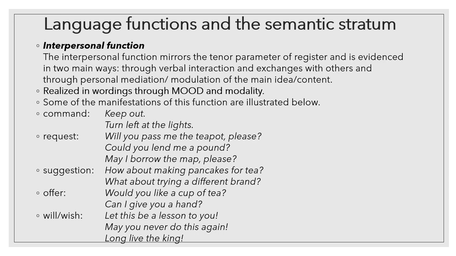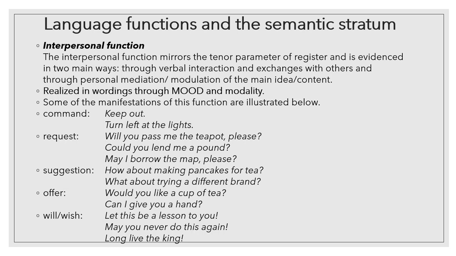And then how about interpersonal function? When we talk about interpersonal function, it mirrors the tenor parameter of register. If you still remember tenor in the previous video, it deals with social status and social relationship, and it is expressed through speech functions.